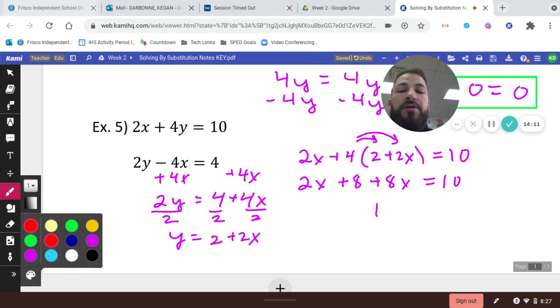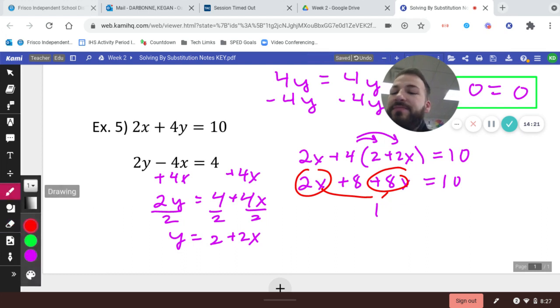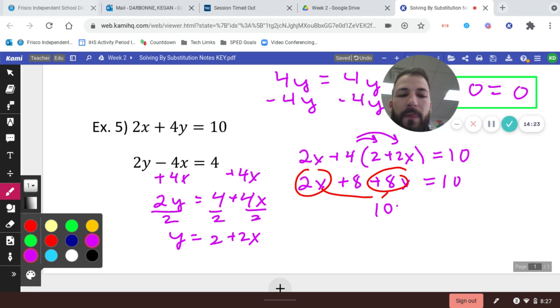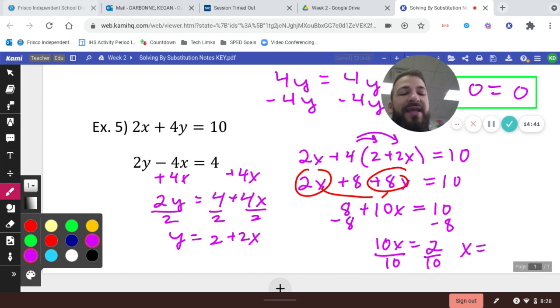So combine like terms: 2x and 8x add together to give us 10x, and then we still have our plus 8 on the other side. We can subtract 8 from both sides. So we get 10x is equal to 2. Divide by 10, divide by 10. And that gives us x is equal to 2/10, which reduces down to 1/5.